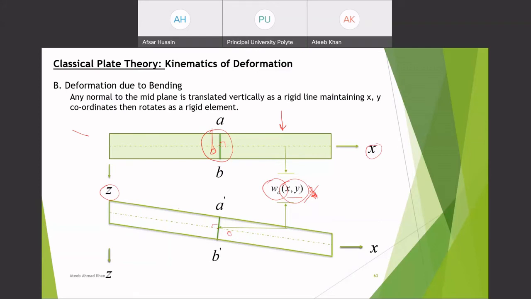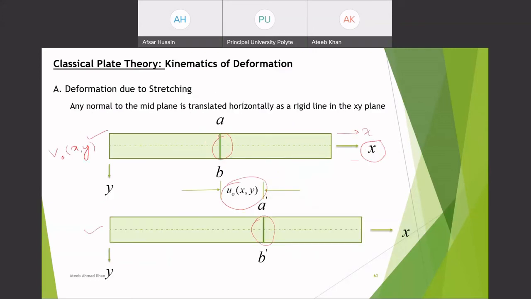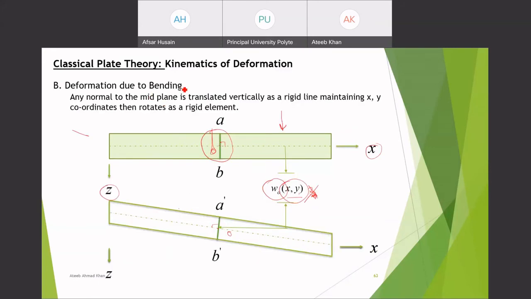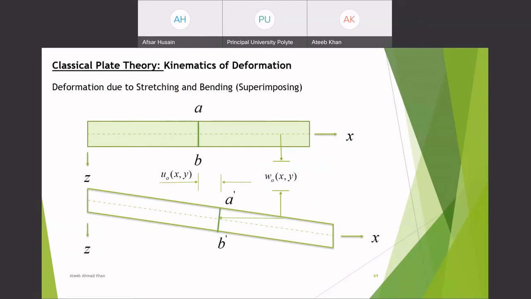So we can divide the deformation into two components, because of the bending as well as because of the stretching, and we have studied both the deformations separately. Now we are going to superimpose both types of deformation, because both will be happening simultaneously.